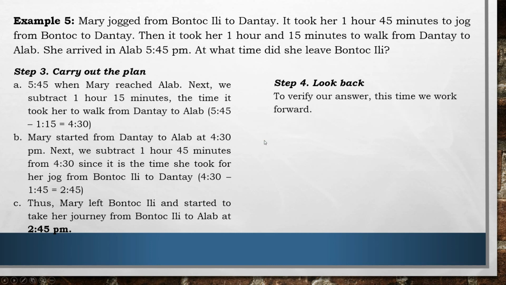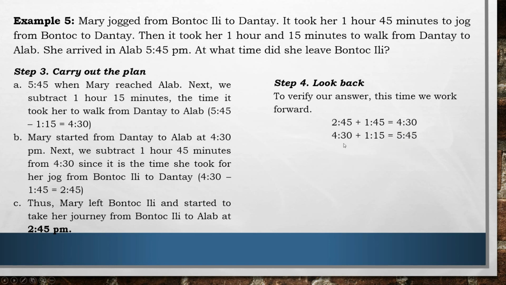So we look back. To verify our answer, this time we work forward. From 2:45, our answer in step 3, we add 1 hour 45 minutes, her jog from Bontoc to Dantay, and that gives us 4:30.